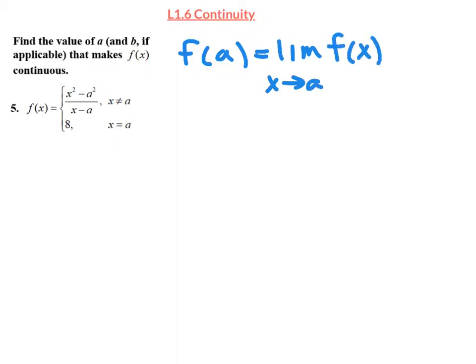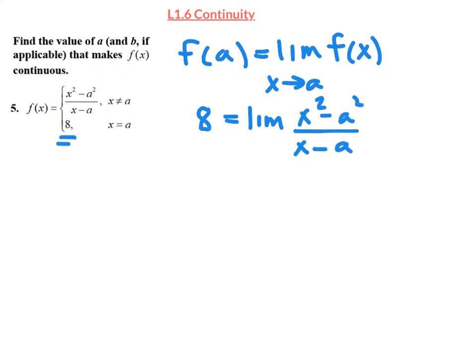So this is something we would look for in your work, is that you're saying, okay, I'm trying to make this happen. Now, the function at a, of course, is 8. And so this side we will have as an 8. On the other side, we will do the limit as x squared minus a squared over x minus a as x approaches a.